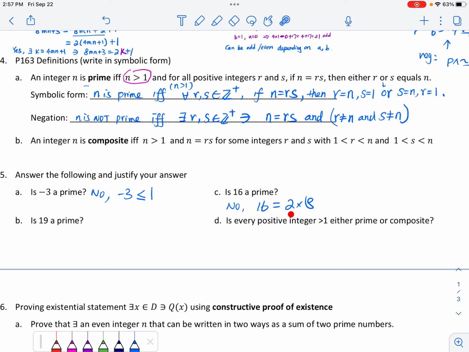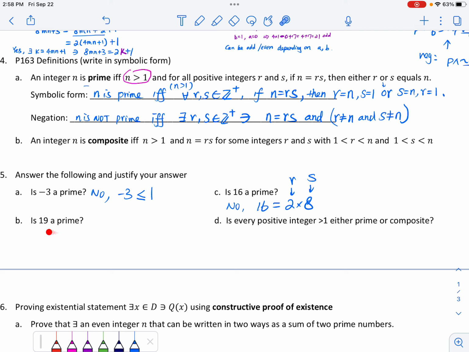This is my r, this is my s. You see there exist r and s so that r times s is equal to 16, where r is not 16 and s is not 16, or equivalently, r is less than 16 and greater than 1, and s is less than 16 and greater than 1. Therefore we can say this is not a prime, because we can find such r and s, right?